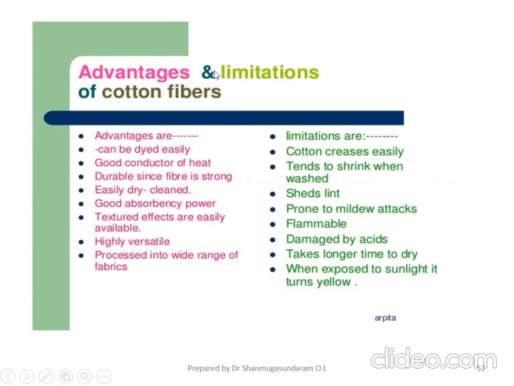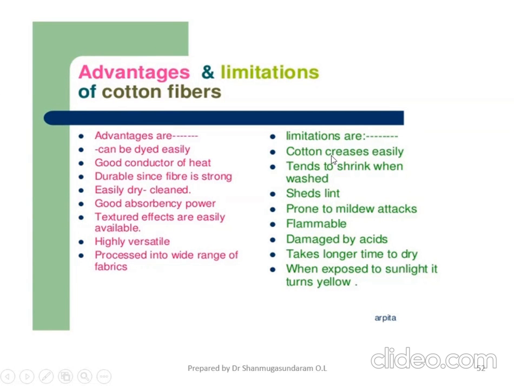So these are all the advantages and limitations of your cotton fiber. Advantages are it can be dyed easily, it is a good conductor of heat, durable since the fiber is strong, easily dried and cleaned, good absorbency power, texturized effects are easily available, highly versatile, processed into a wide variety of fabrics.